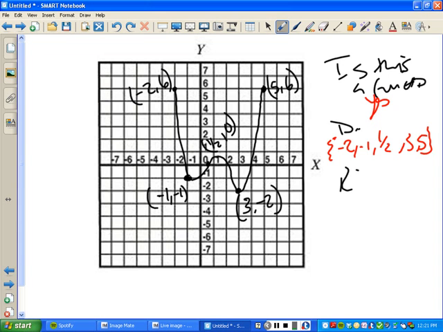Oh, no. There should be a sound effect for that. Oh, no. Erase, erase, erase. What's the domain? Negative 2 to 5.